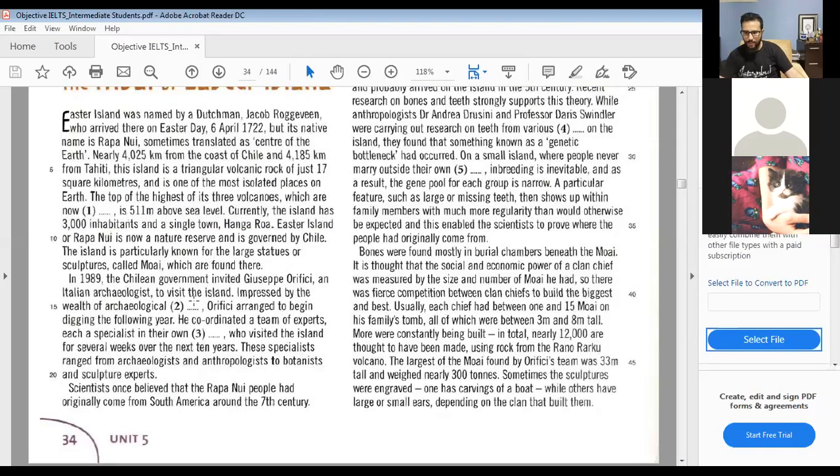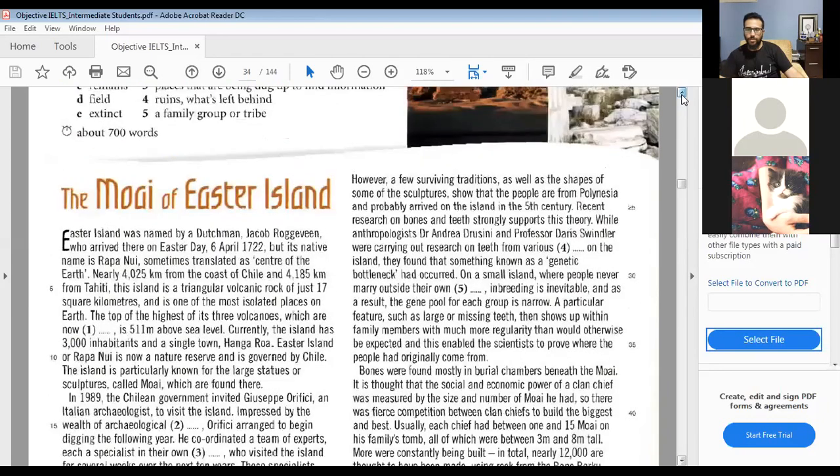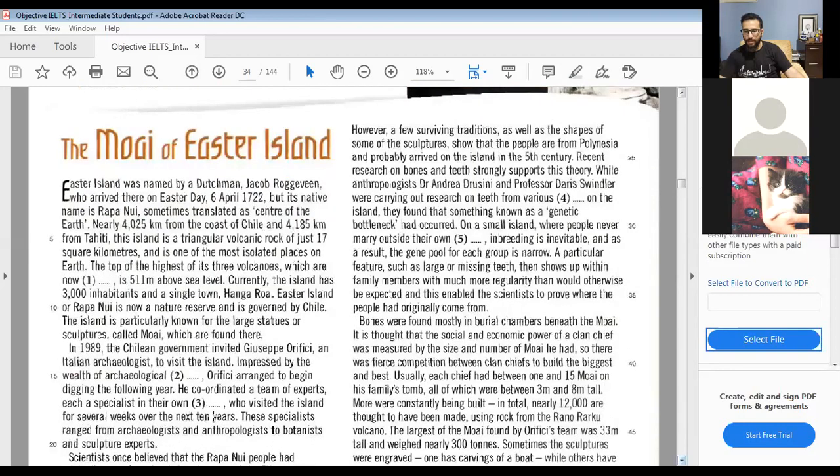Okay, so number 1 is extinct, number 2 is sites, and number 3, fields, sorry, it's not in plural. Field, F-I-E-L-D, field. In their own field.